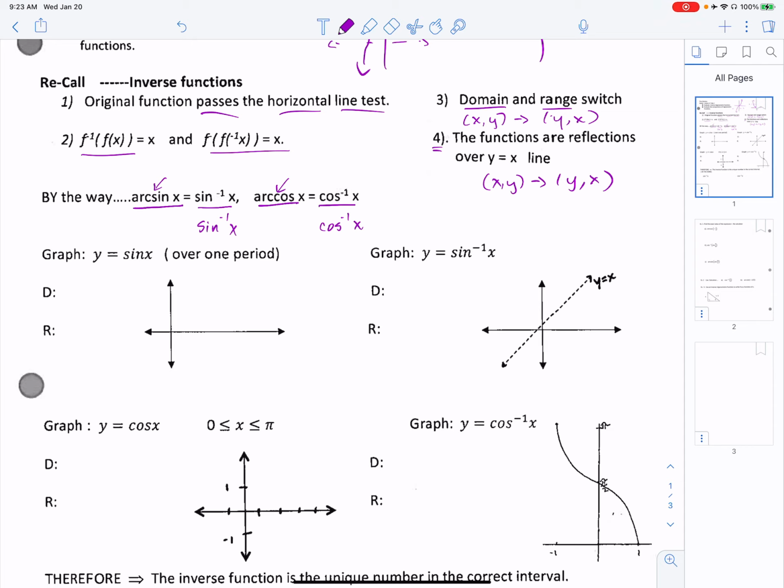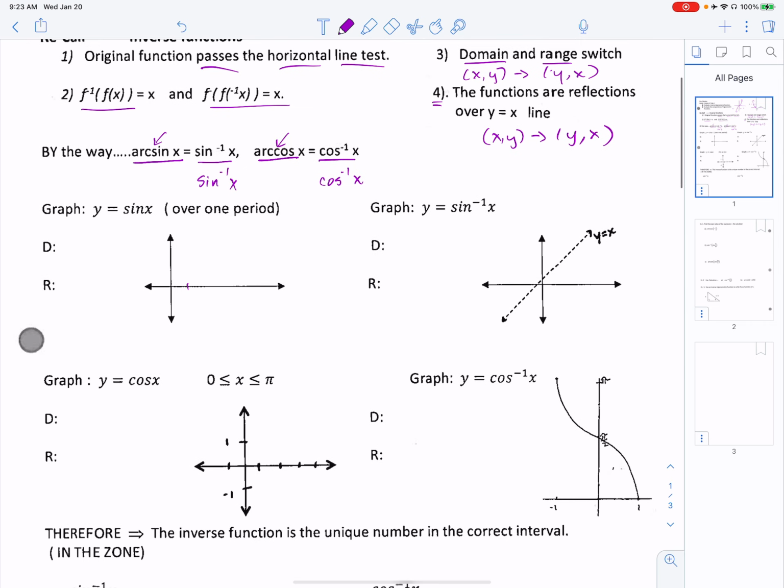If we recall the graph of sine, we have pi halves, pi, 3 pi halves, and you should be able to just map these out. So sine is at 0, then up at 1, then at 0, then at negative 1, and back up to 0.